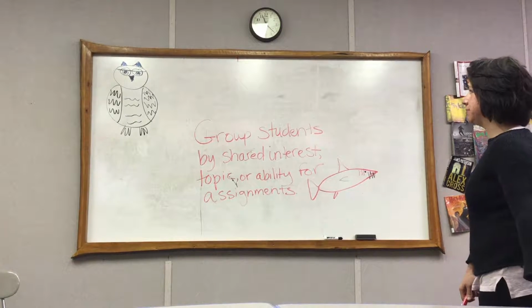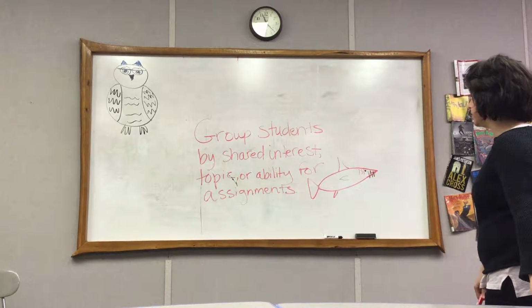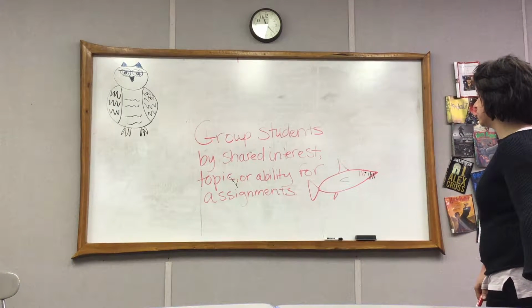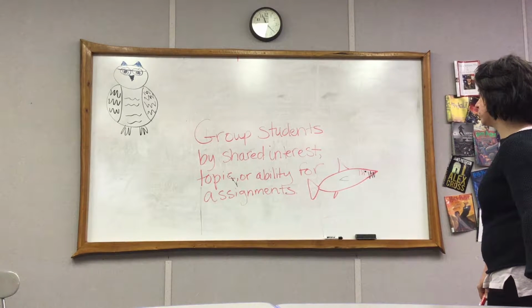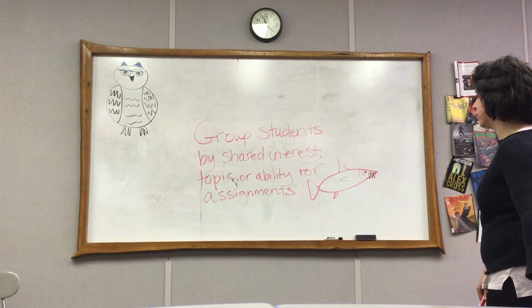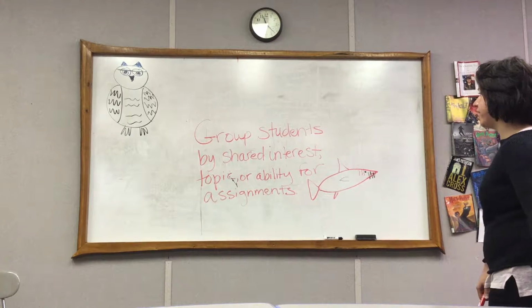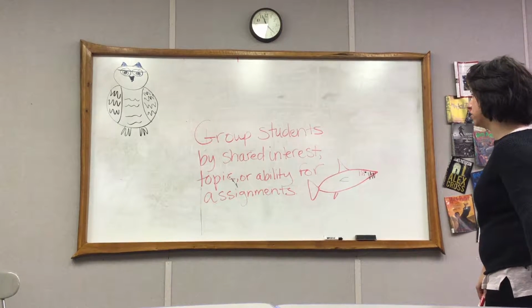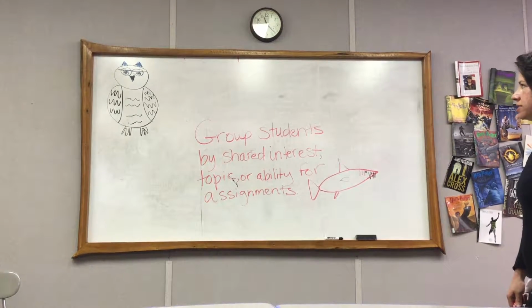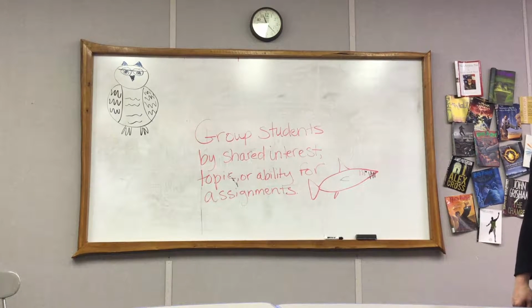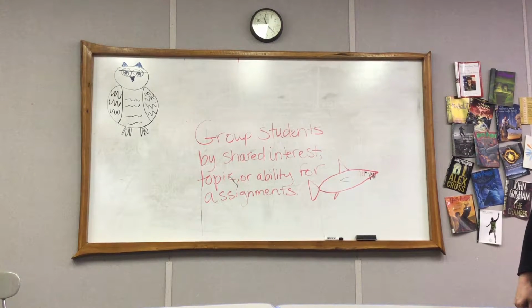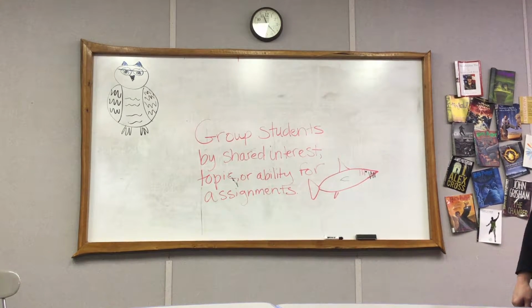Today we had a team owl and a team shark that we separated into groups because they had the shared ability for assignments, and that way we were able to target their skill level and make the assignments appropriate so that they would be challenged in the classroom, while it wouldn't be too overwhelming, leading to the behavioral issues that we had in our first scene.